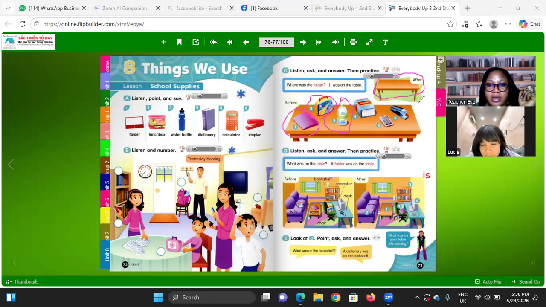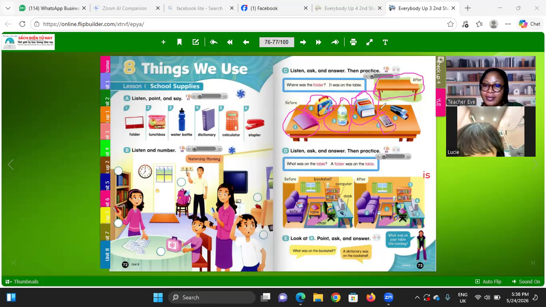Okay, let's ask again. Number 4, where was the dictionary? It was on the table. Correct. It was on the table. Nice one. Okay. Then, where was the calculator?